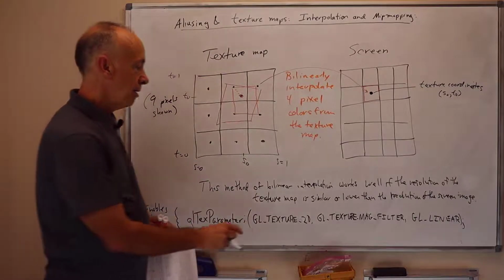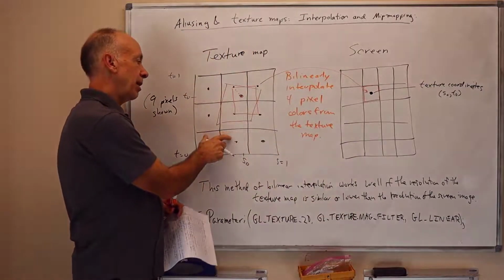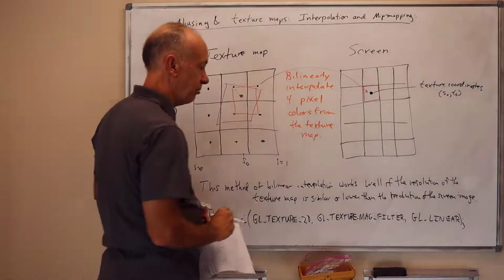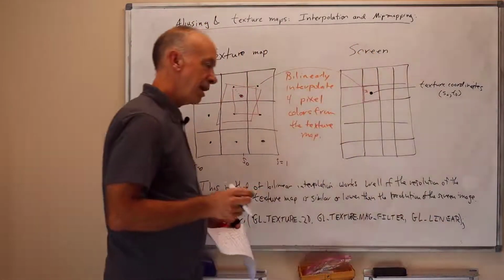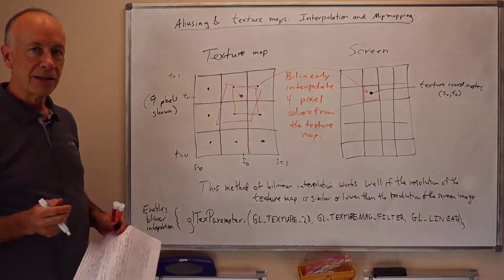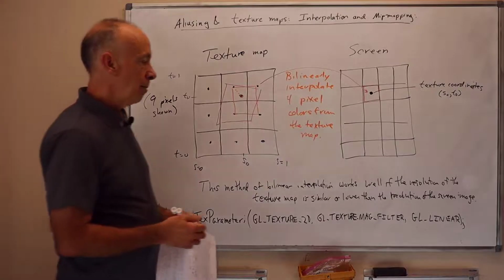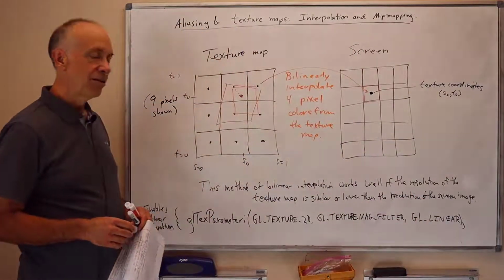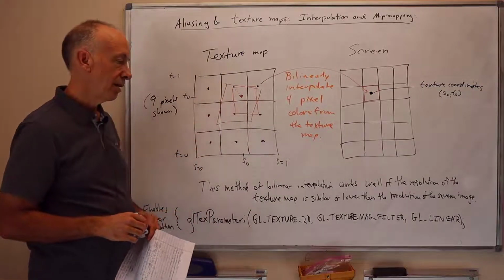And so this applies to the case where the resolution on the texture map is smaller than the resolution of the screen image. And it says the GL linear means use the bilinear interpolation. They use GL linear, but they mean bilinear interpolation. The other option, and the default, is GL nearest. GL nearest instead of GL linear would just snap to the nearest color and use that instead.